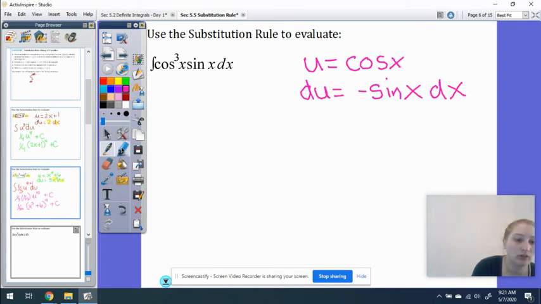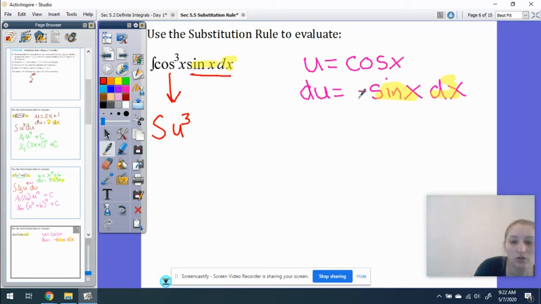Okay, so then we need to see, can we match? So we have dx, right? Good. We have sine x, good. What's different? The negative. Okay, so essentially what I'm going to do is I'm going to say that this right here I can rewrite as u to the 3rd, and then this piece right here is essentially equal to negative du, because I have that part right here.